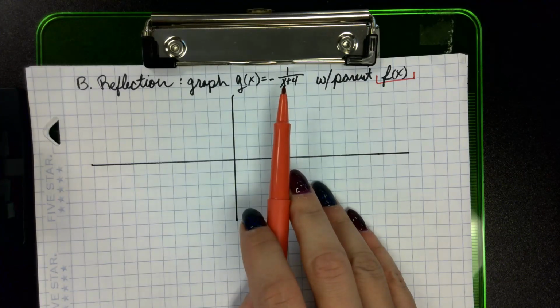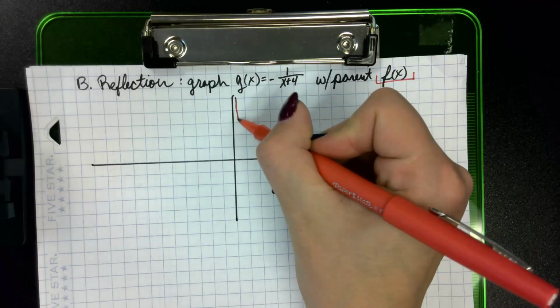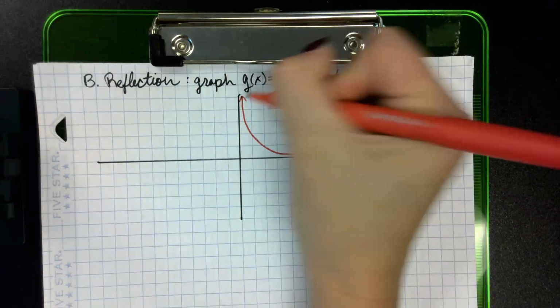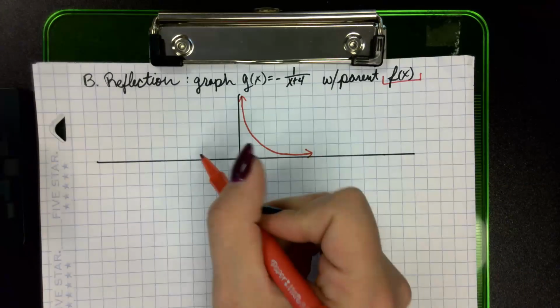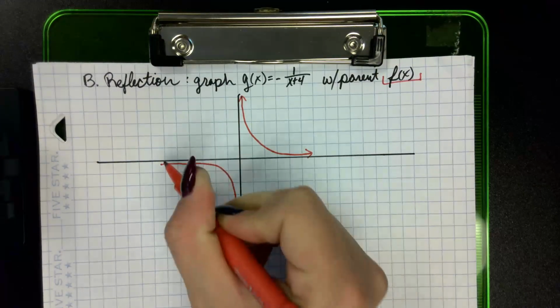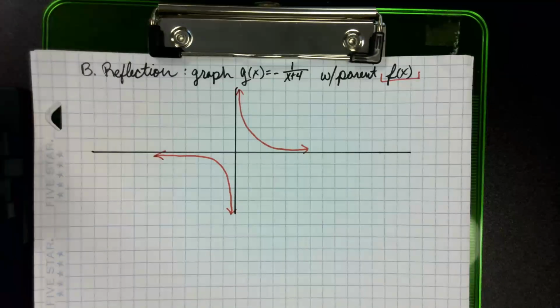So that's what I'm going to graph. I know I have the asymptote at the y-axis. So I have a graph in quadrant 1 and in quadrant 3. The exact values on those are not really important. We're just going to estimate that. It should look something like this.